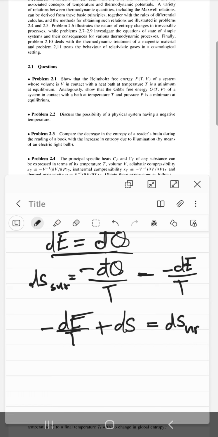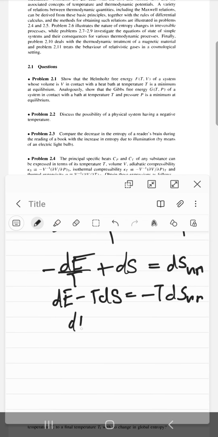So changing this a bit, we can say dE minus TdS is minus T dS universe, right? And so essentially we have dF is equal to minus T dS universe. That's pretty much it.